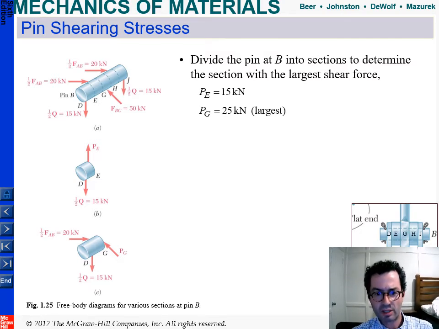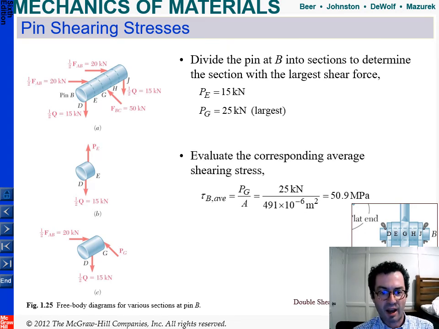We're interested in figuring out what's the force at every spot on this pin. So we can think of the largest force is at G, so that's 25 kilonewtons. And you might say, Dr. Raymond, this was just a single boom, and you said it was 50 kilonewtons on that.